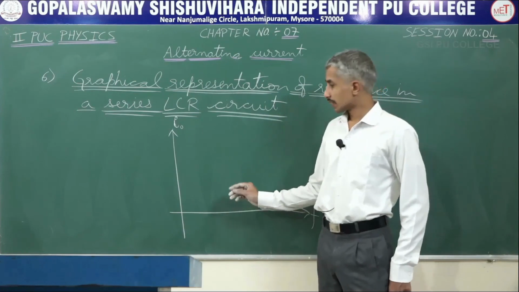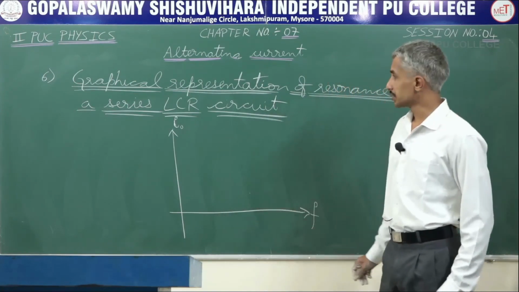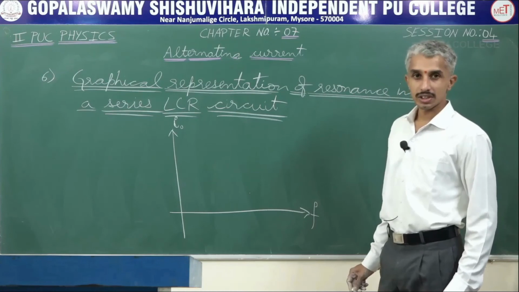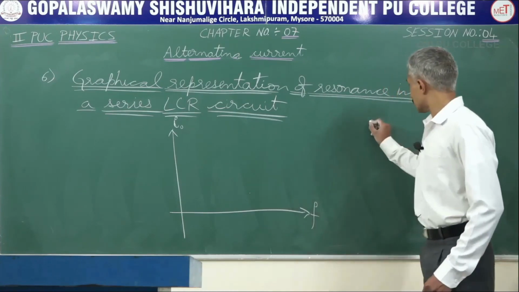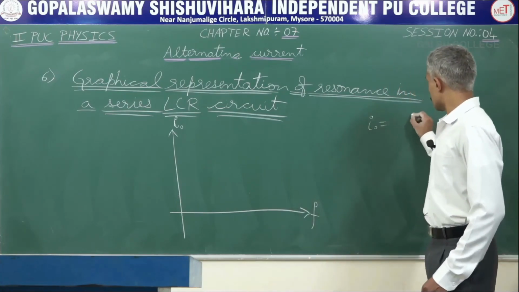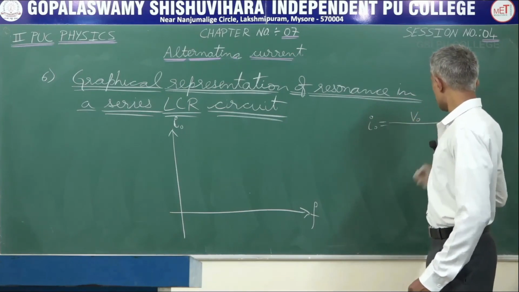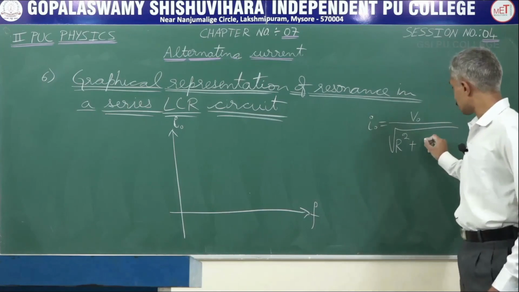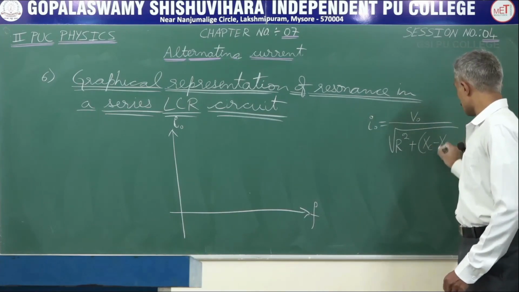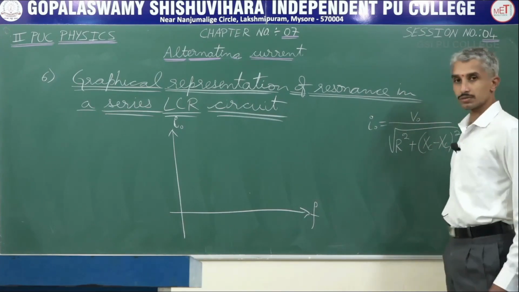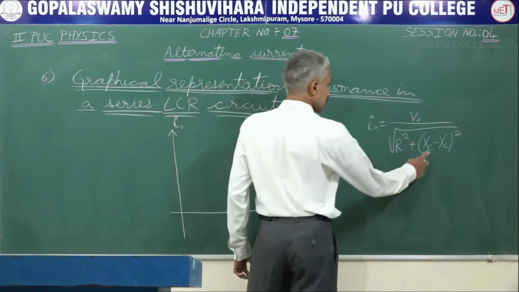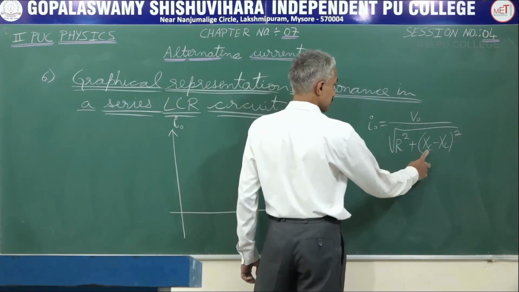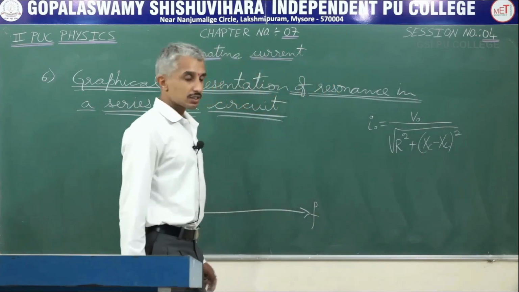Let us finally finish with the graphical representation of resonance in a series LCR circuit. So I naught is given by V naught by root of R square plus XC minus XL whole square. As you increase the frequency, XC decreases and XL increases.